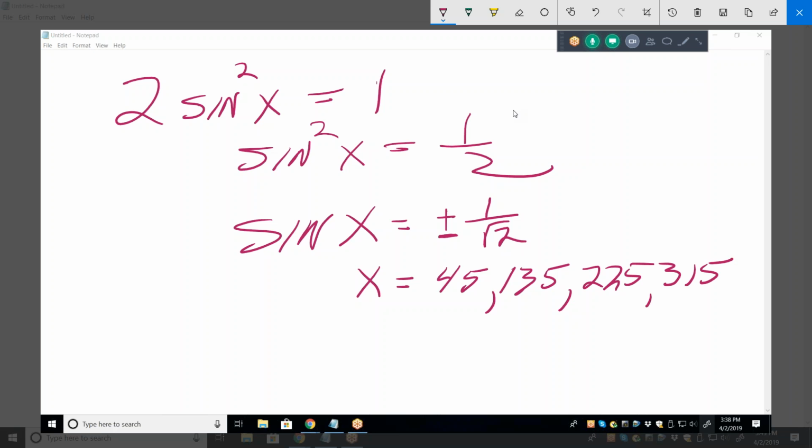Now, we also know all multiples of that. Trying to think, there might be an easier way to do this. You usually want to express your answers in the most efficient possible way. And it feels to me like we can do this. Usually that K goes out in front also.